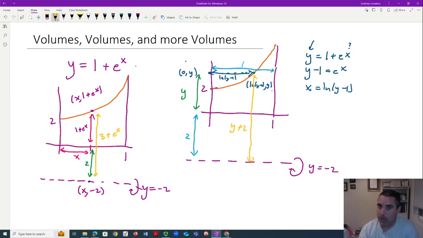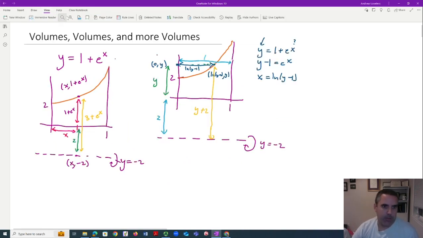If you do top minus bottom, you'd have to think that the y coordinate here is y, and the y coordinate here is negative 2, and it would be y minus negative 2, top minus bottom. Still the same thing. And that's really what the person was asking. But again, this is so fundamental, I just want to hammer this down. We have to be able to make those labels and understand what we're given.